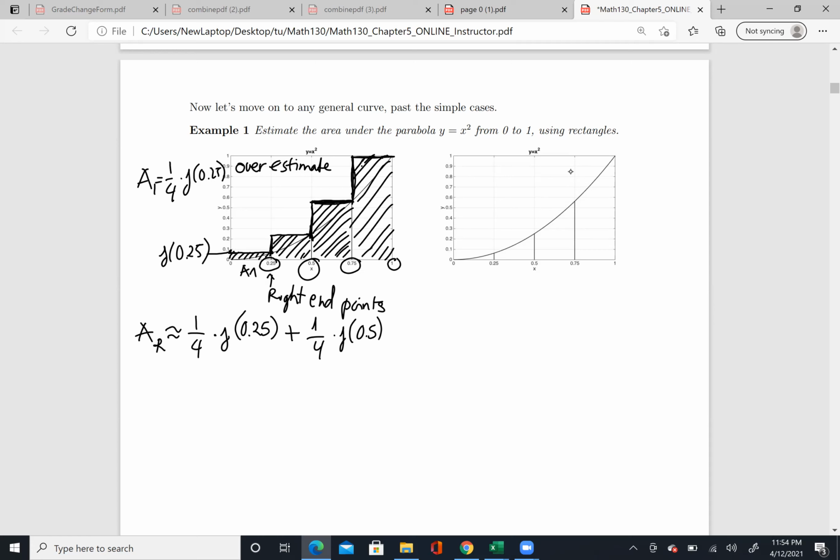That's the reason why I have f of 0.25. And then similarly, area 2 over here is going to be 1/4 times f of 0.5, because from 0.25 to 0.5 the height is f of 0.5.